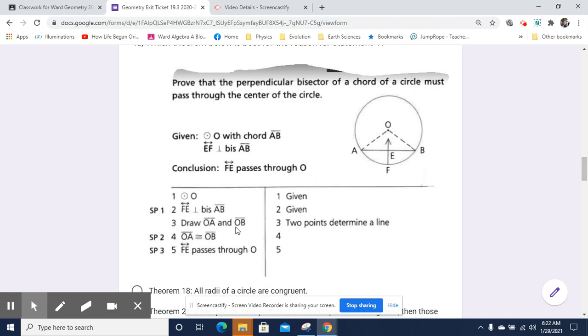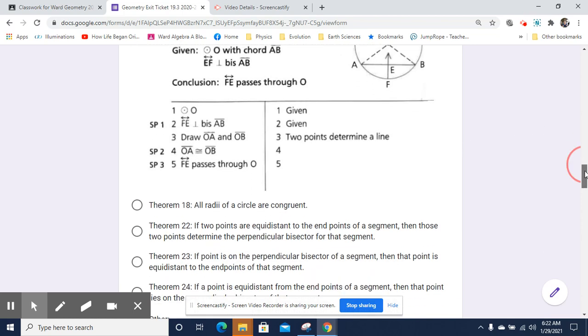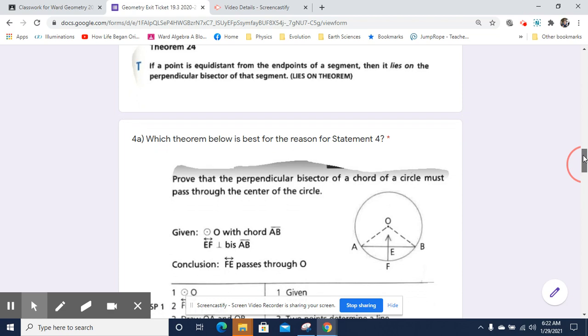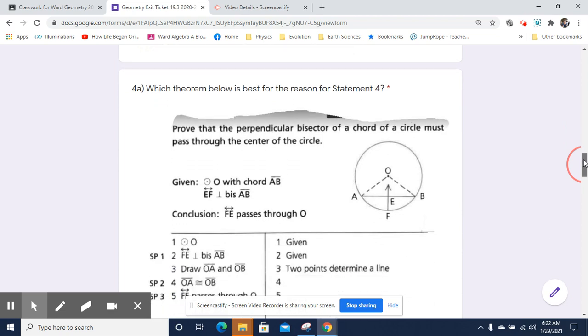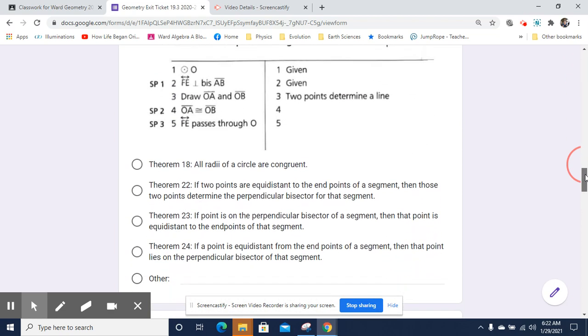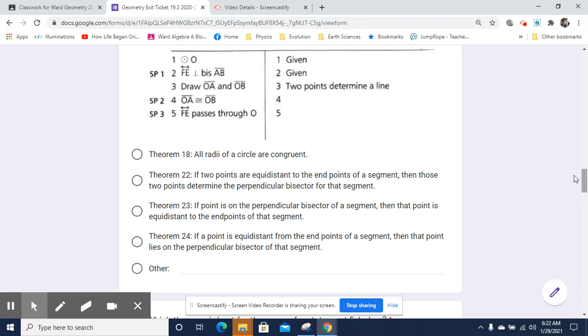Then we can draw OA and OB because 2 points determine a line. That's an important little detail there in the proof. And then it says OA is congruent to OB. We're trying to figure out which theorem is best for the reason for statement 4. So, all radii of a circle are congruent.